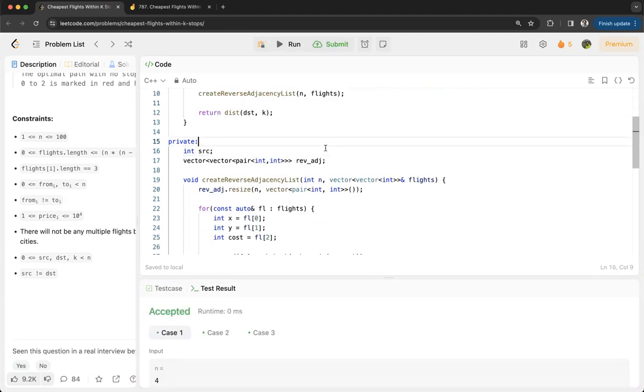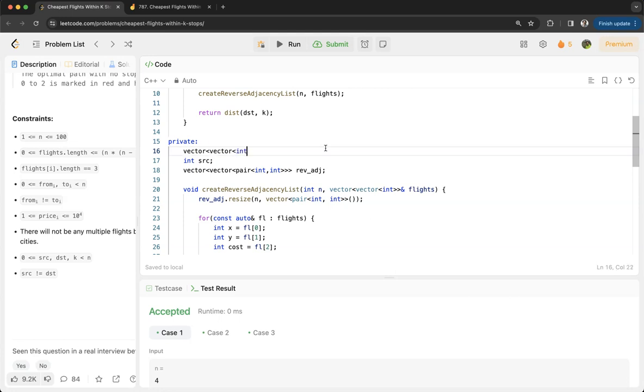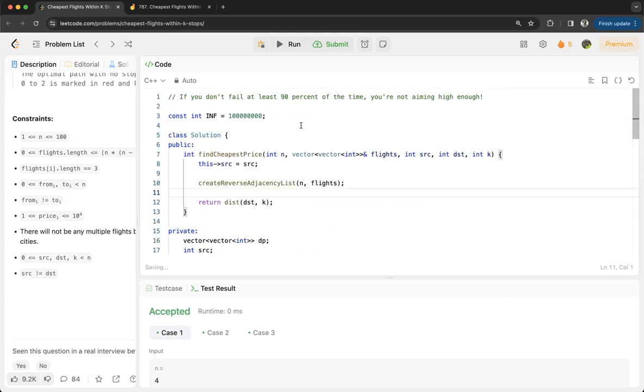So let me memorize this. We need a vector of DP, and we need to do dp.resize. How many of them? N of them, and a vector of int, and the size should be k plus 1, and -1. So this is how we initialize that.